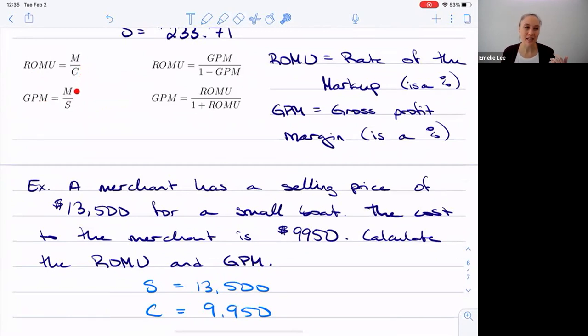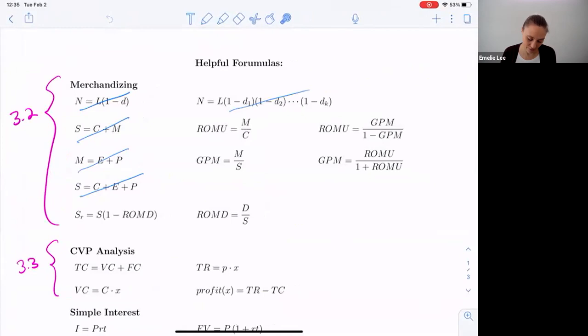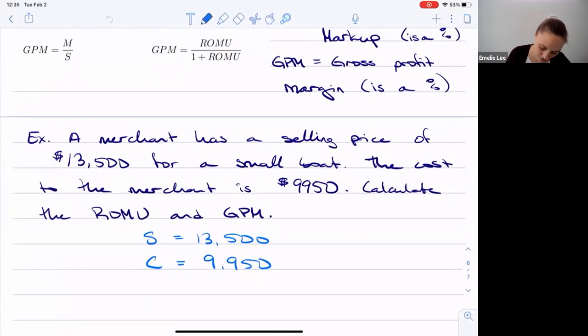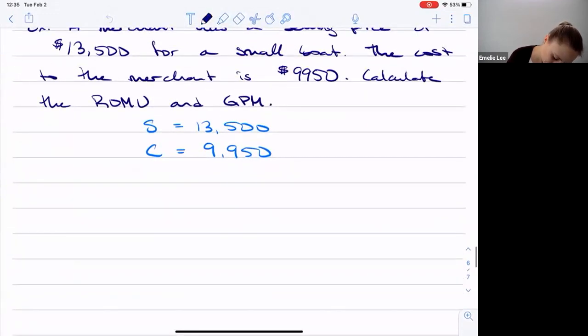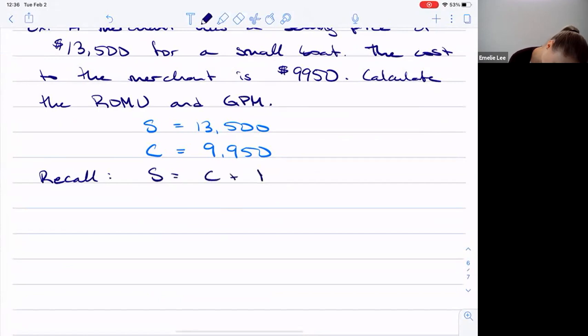In either case, I'm going to need to know M. On our formula sheet, and the one that we've already established, we know that S is C plus M. Recall S is C plus M. So I can solve for M easily, right?